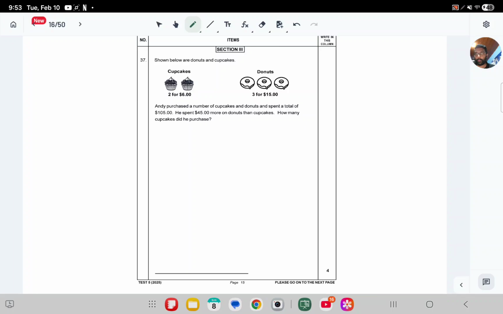Well, if he spent more on one than the other, this looks similar to an unequal sharing question. So this is the extra that he spent on donuts than cupcakes. So let's remove that, right? And calculate the amount spent on each. From the total, which is 105, you're taking away the 45. That will leave us with 60.